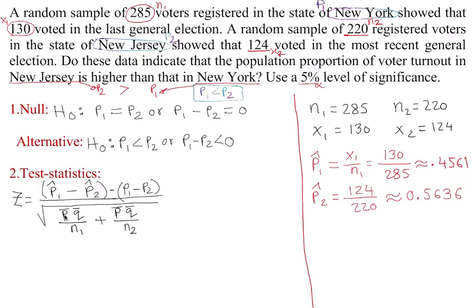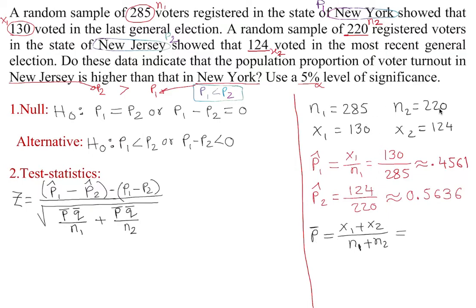Now this one, the pooled estimate of the population probability of success, is the one we have to find. This one has a little formula to work it out. The pooled estimate of the population probability of success is equal to x1 plus x2 over n1 plus n2. We just add both of them and substitute.